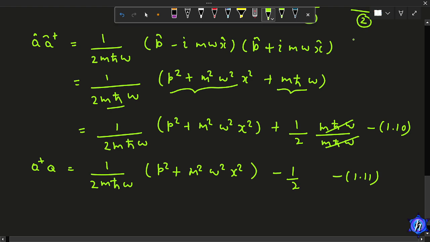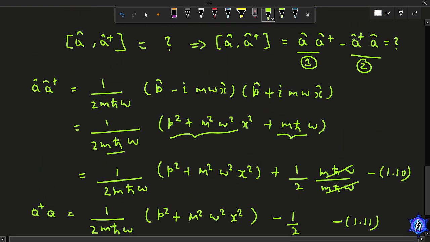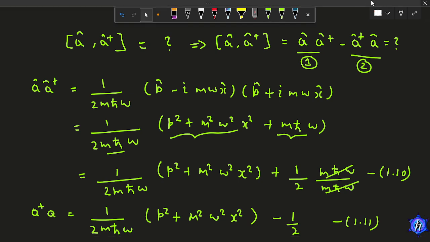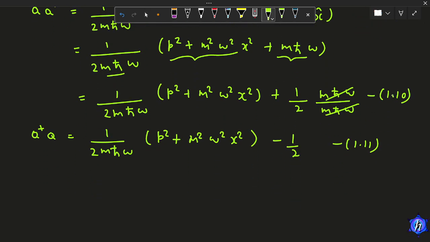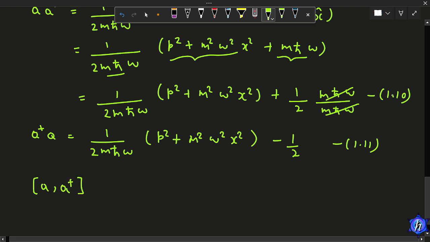Now I can substitute this value here and this value here, and we can clearly see the commutator of A, A dagger is nothing but half plus half. This implies my commutator of A, A dagger is 1. This is my equation 1.12.